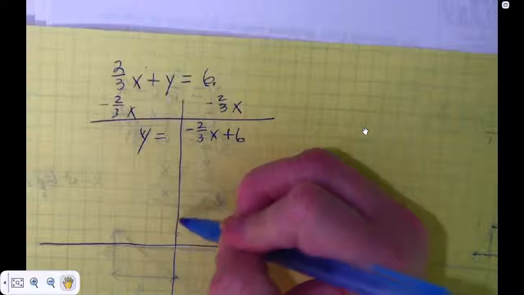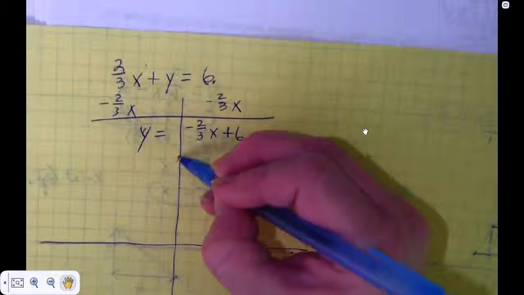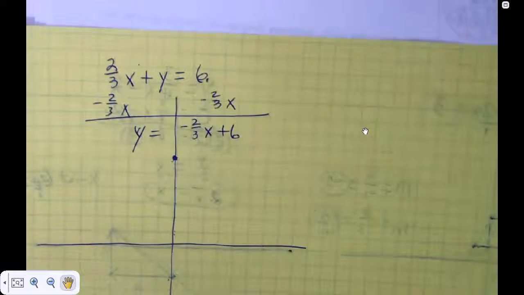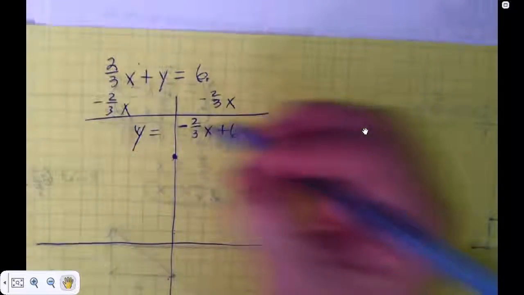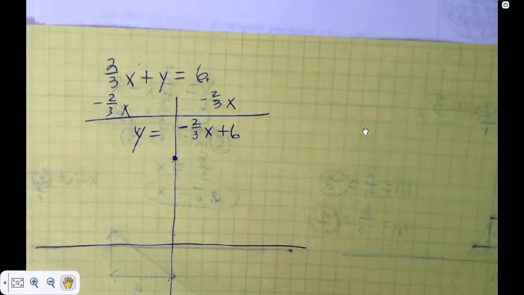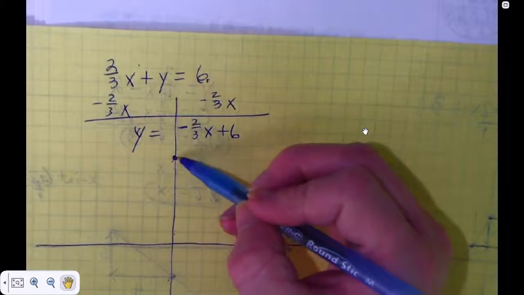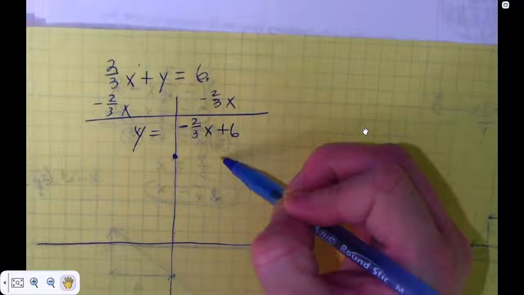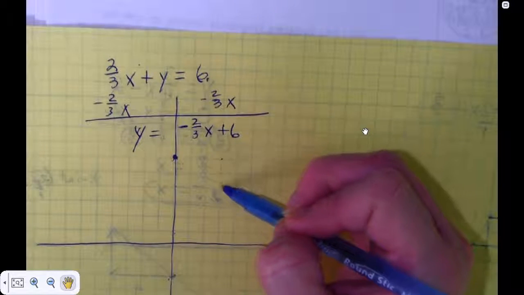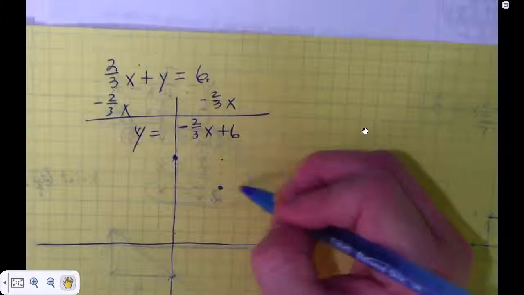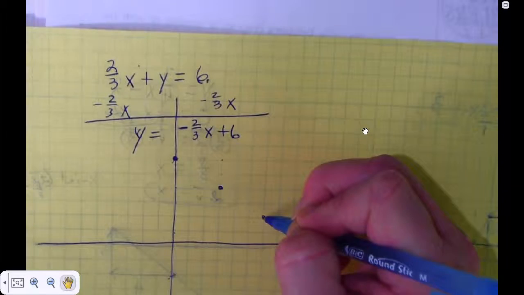Okay, where are you starting? At point 6. Now I normally just put my negative sign out on the top, remember, but it can be either one. So you can run 3 down 2. Run 3 down 2.